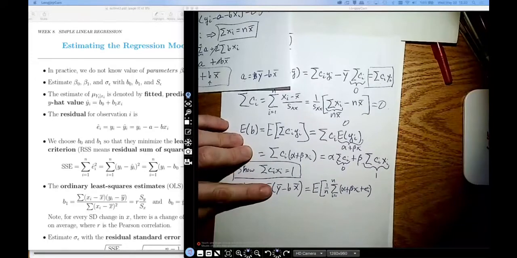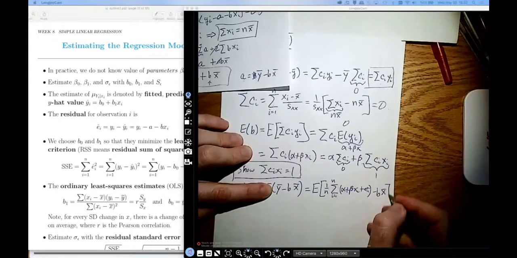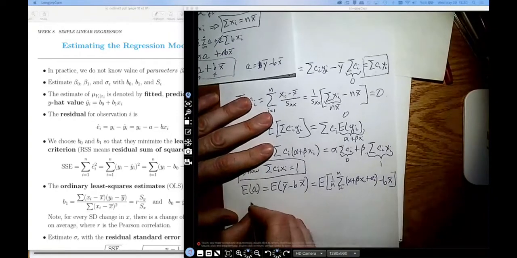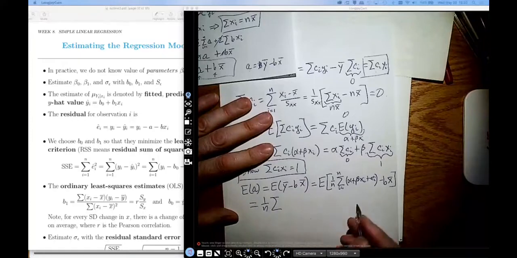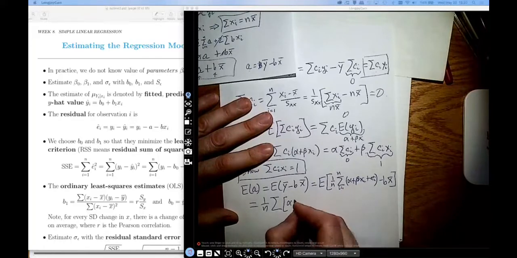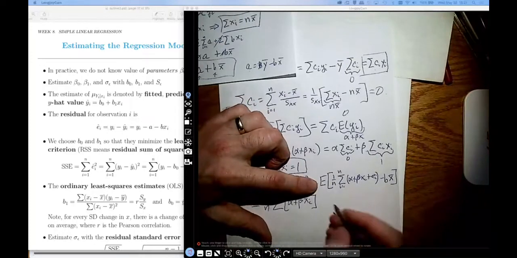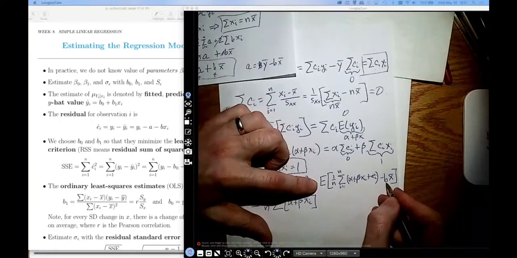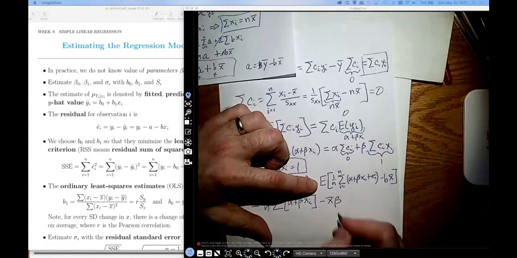And then what I have over here is minus B times x bar. So I'm going to pull out the 1 over n, and I'm going to pull out the sum sign. And what we have here is the expected value of all this is just alpha plus beta x sub i. And if I do the same thing here, the expected value of B is beta. So this is going to be x bar times beta.